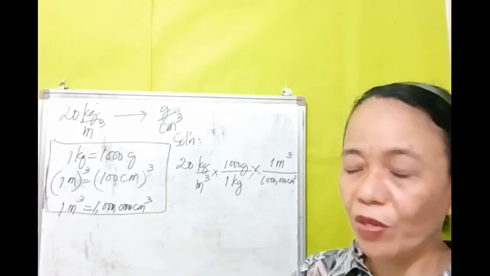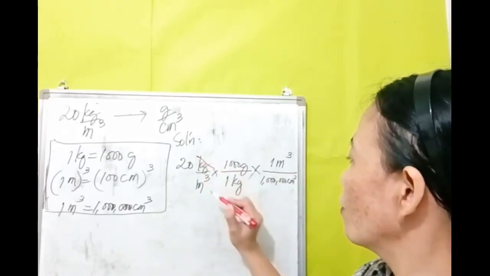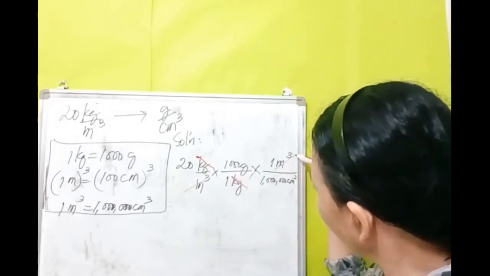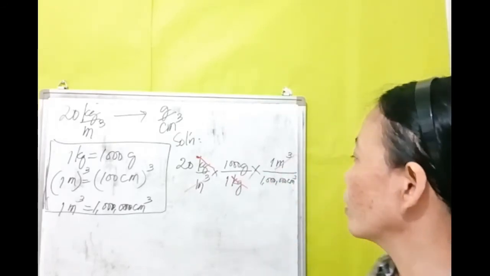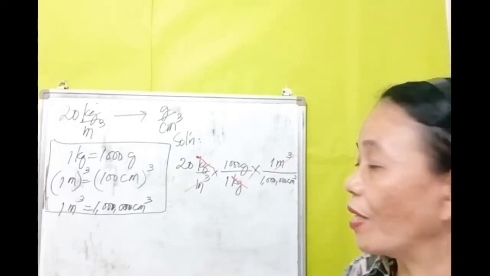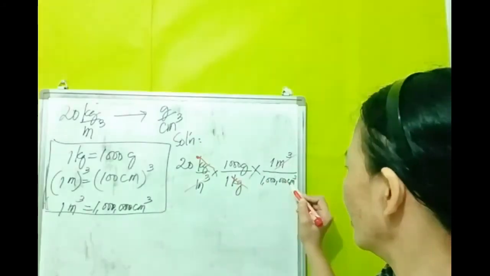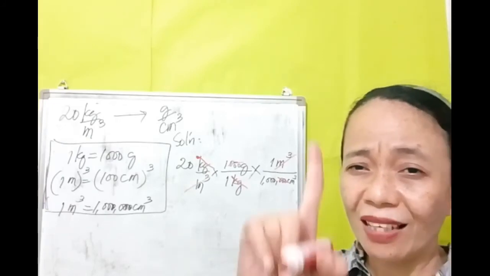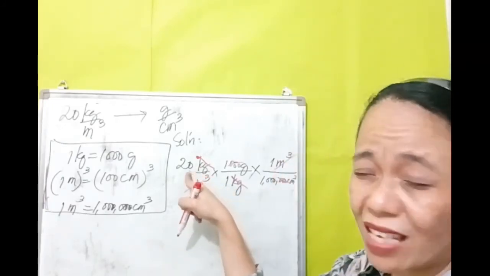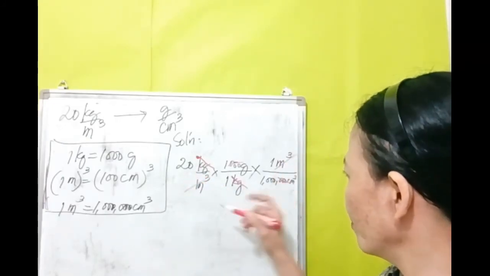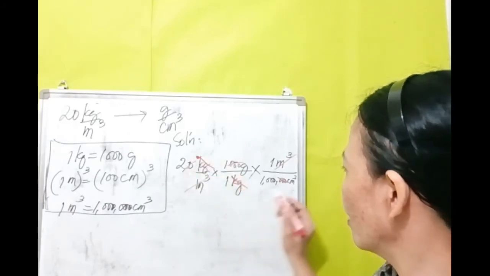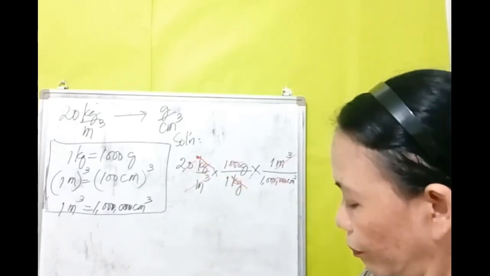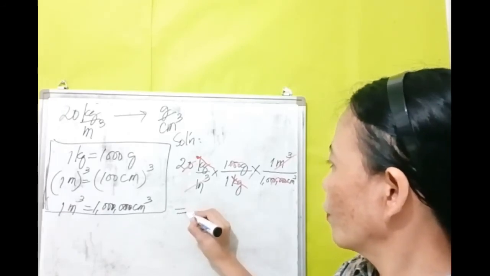So what are the units to be cancelled? Kilogram, kilogram, m cubed, m cubed. How about the number of zeros? So we have three zeros here. What else? We have 20, so we can cancel another zero. 1 zero in here. Okay, so now we remain with 2.